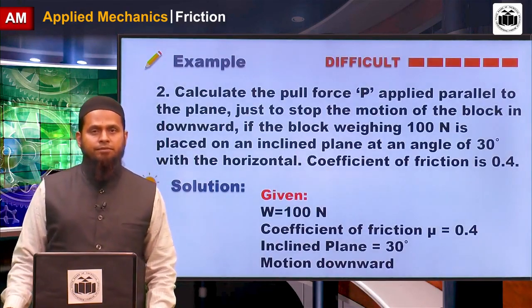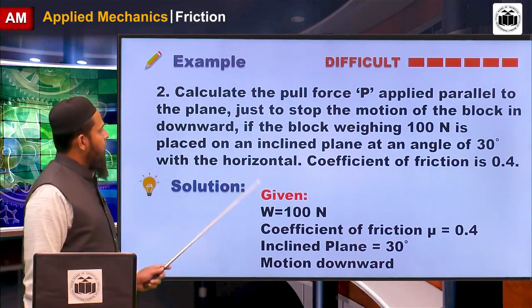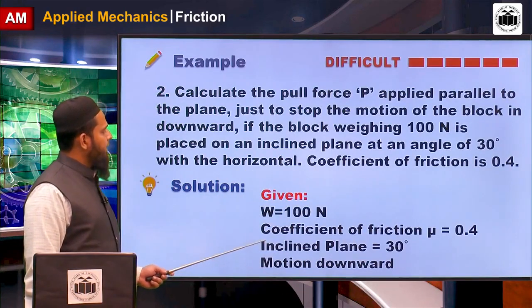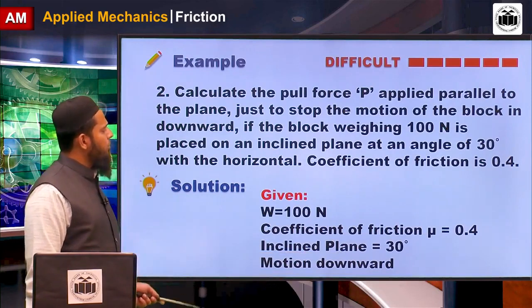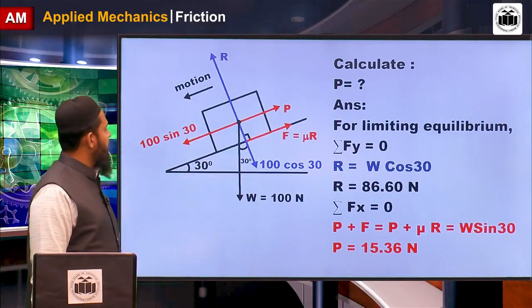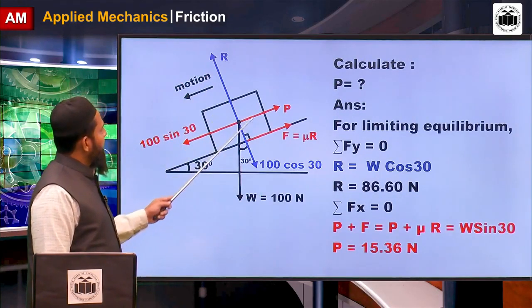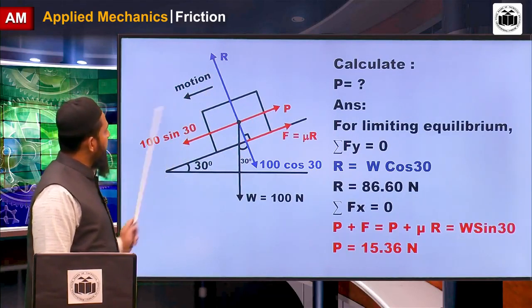Now second, the same block of 100 Newton weight is placed on an inclined plane of 30 degrees and motion is downward. To stop the motion, what is the force required? Now, although the P force is in the upward direction, the motion is in the downward direction.